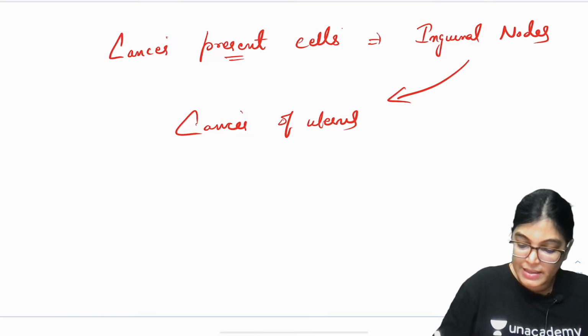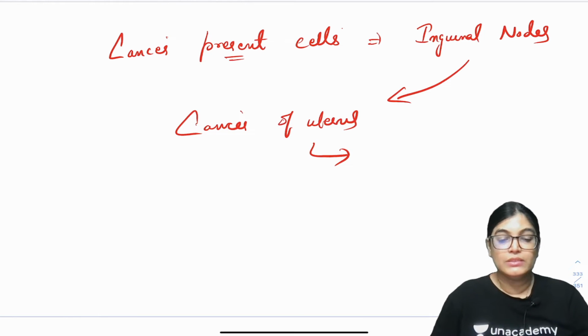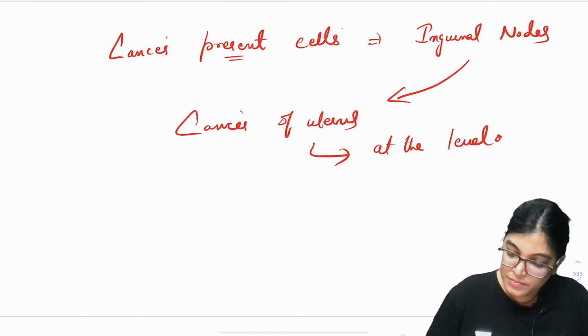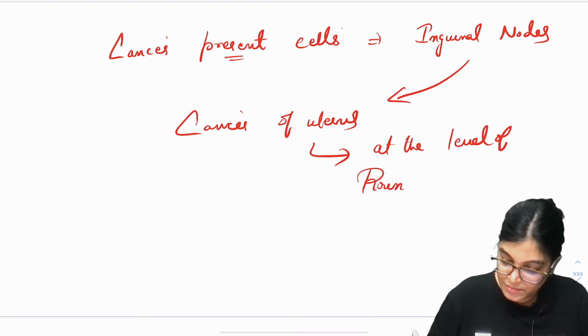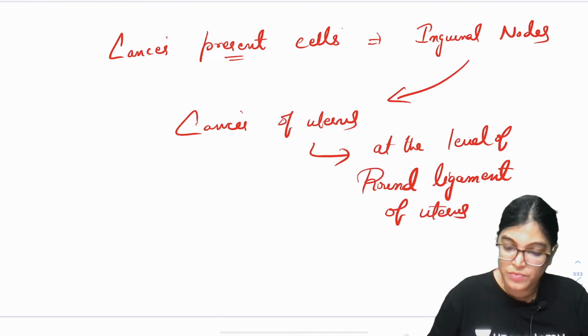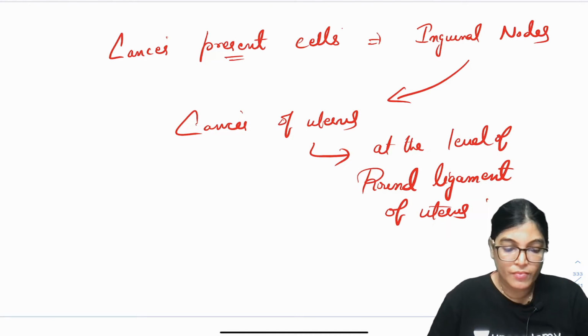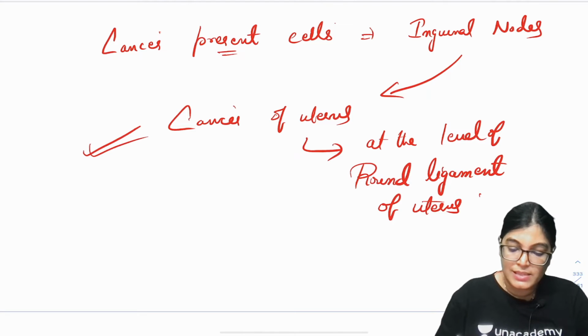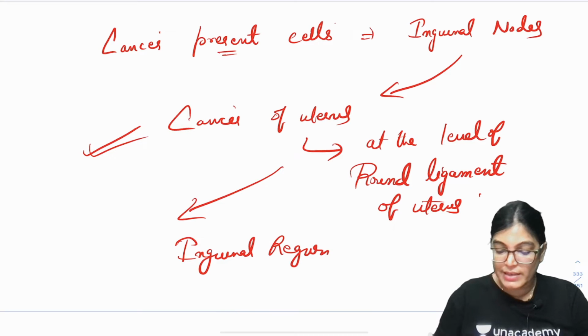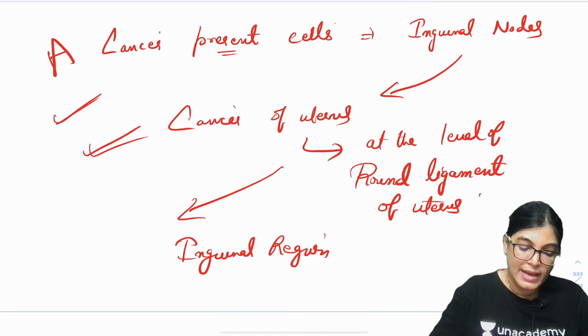Exactly, the level is at the level of round ligament of uterus. And actually these cancerous cells will drain into the inguinal region, inguinal lymph node. So this is the correct answer. So we have chosen A as the correct answer.